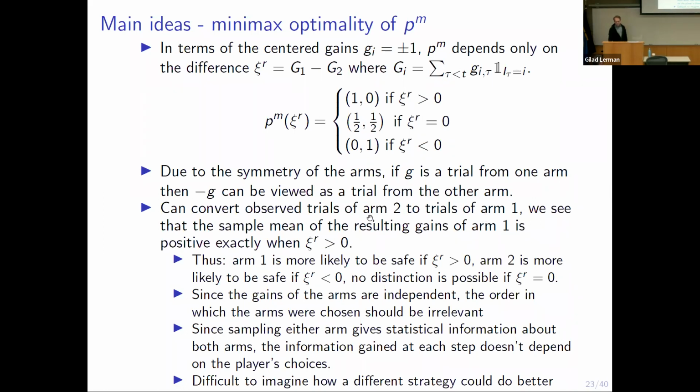You can see that the sample mean of the resulting gains of arm 1 is positive exactly when this quantity is greater than 0. So it's a maximum likelihood estimator. Arm 1 is more likely to be safe if CR is greater than 0, and vice versa if CR is less than 0. If CR is equal to 0, no distinction is possible.